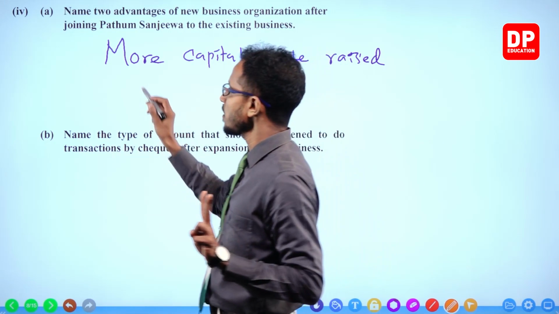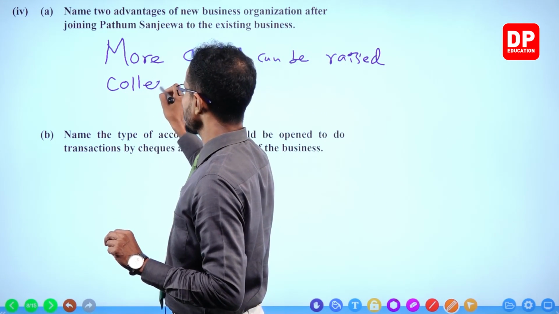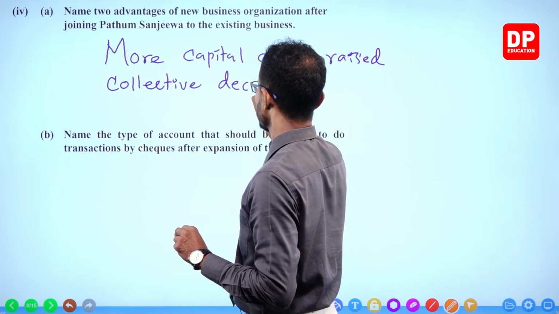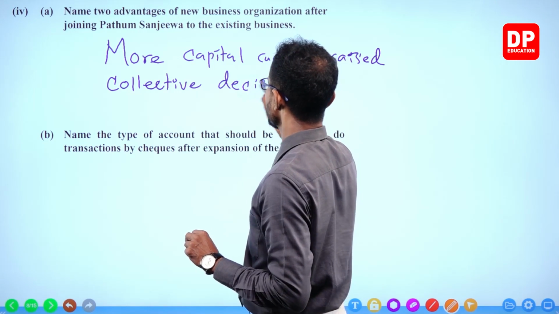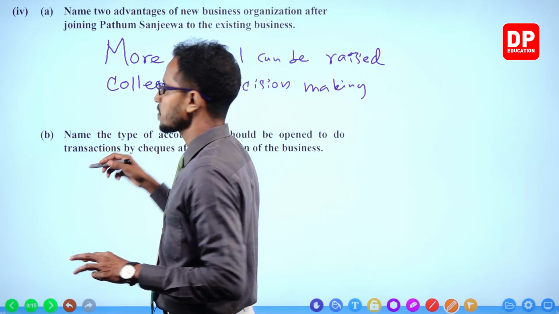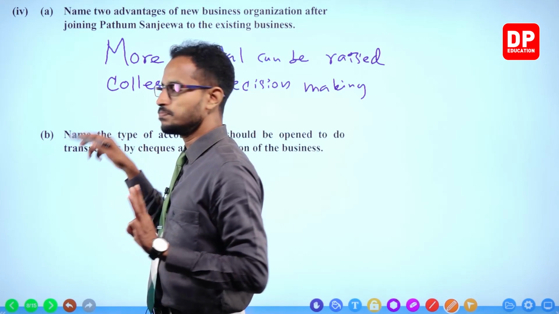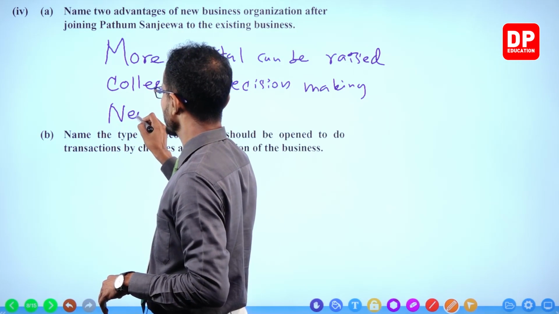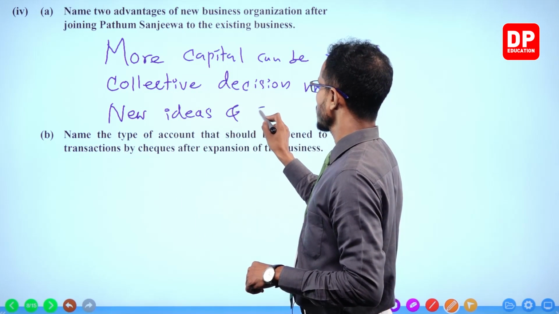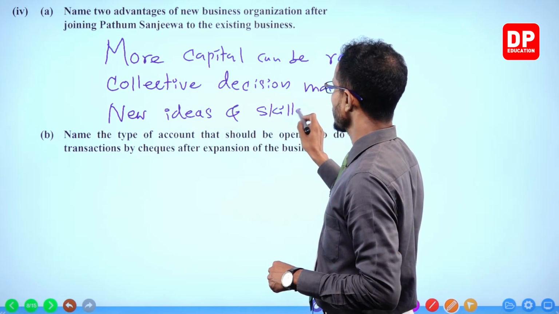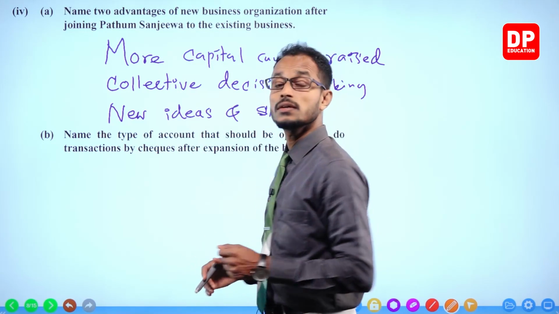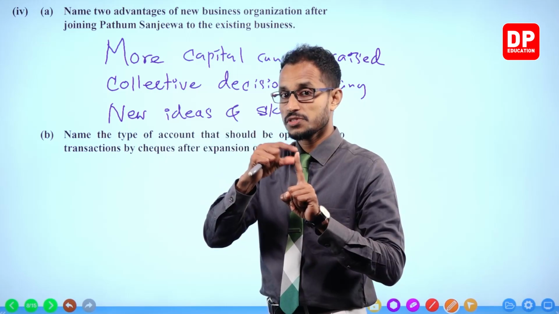Second, collective decision making is better than one person deciding. Another one, just an extra point: new ideas and skills. Yeah, these are straight away given in the book, the advantages of a partnership business.